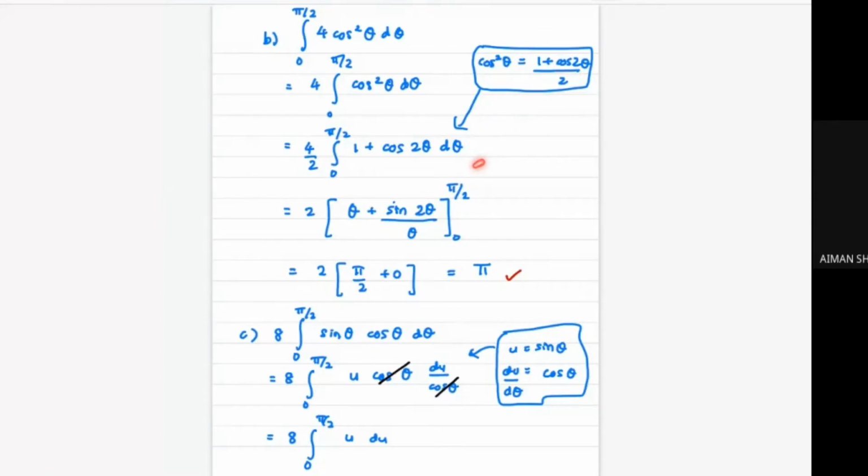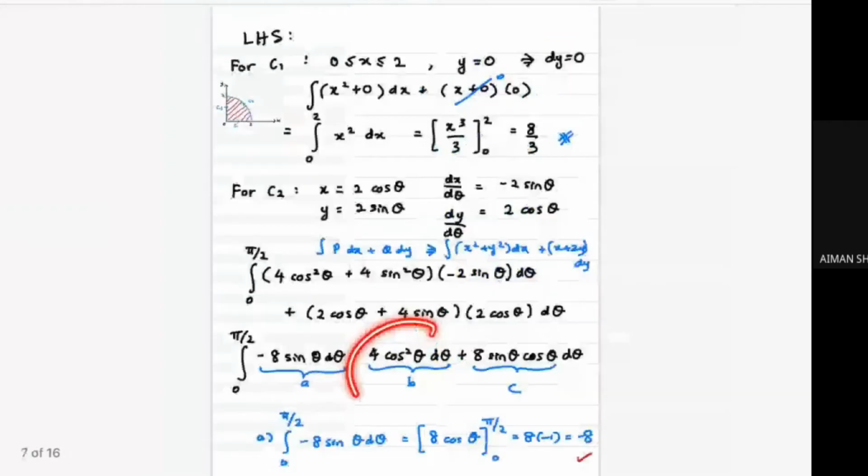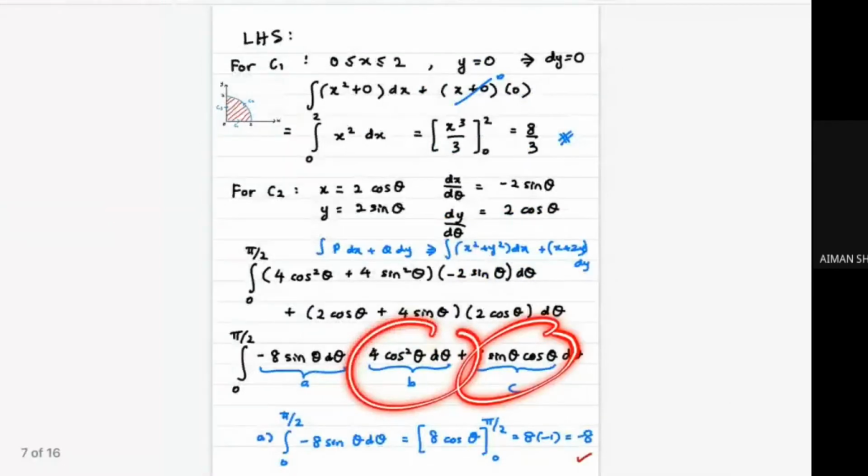So you can integrate this. 1, integrate, you get theta. Cos 2 theta, you get sine 2 theta over 2. From 0 to pi over 2. Substitute your lower and upper limit. Then you get pi for integration B. Here, this part.